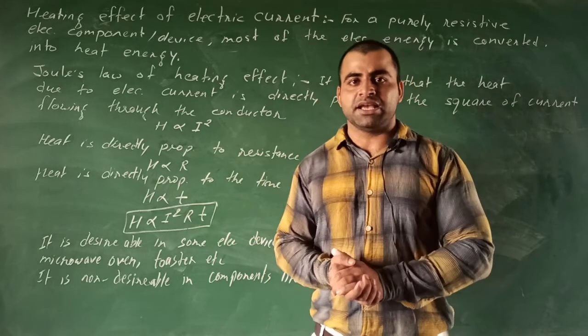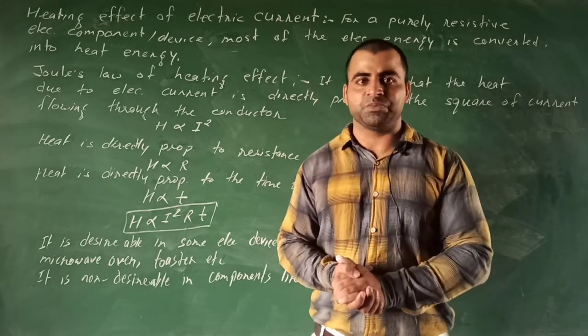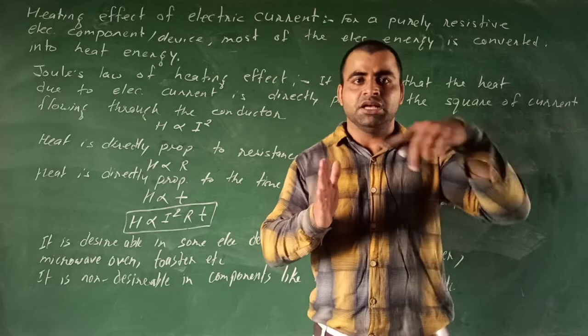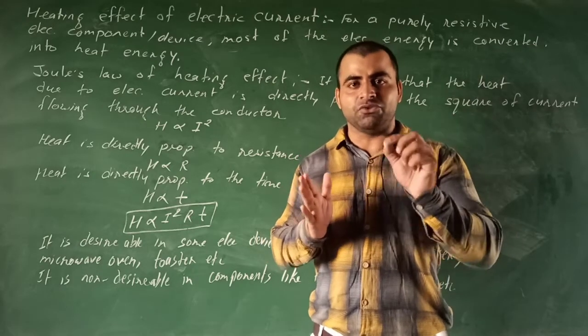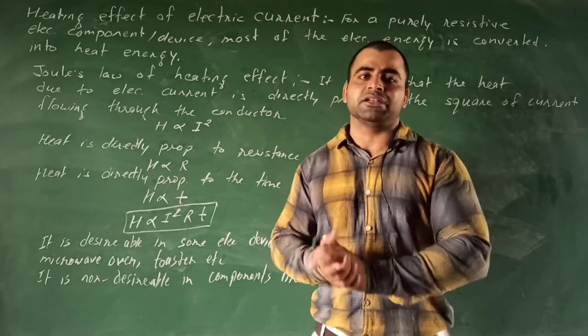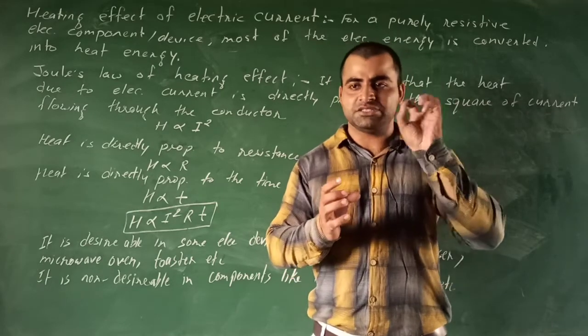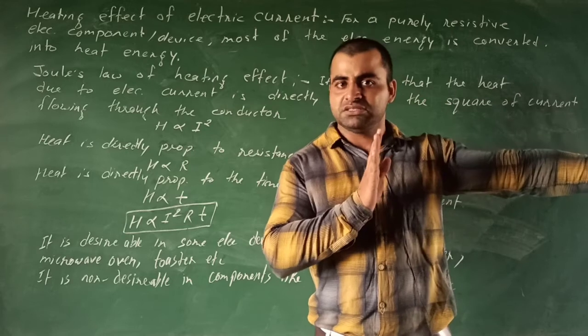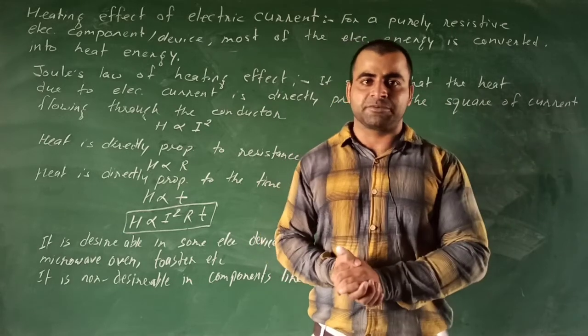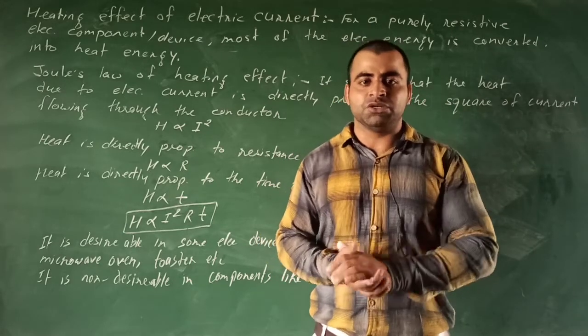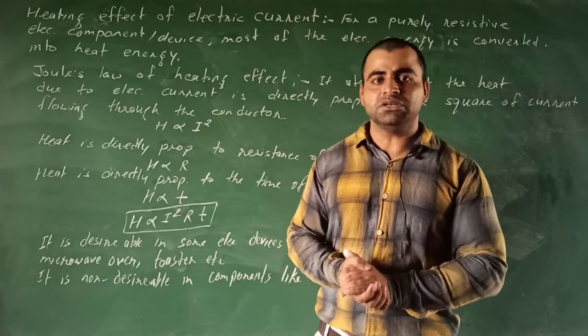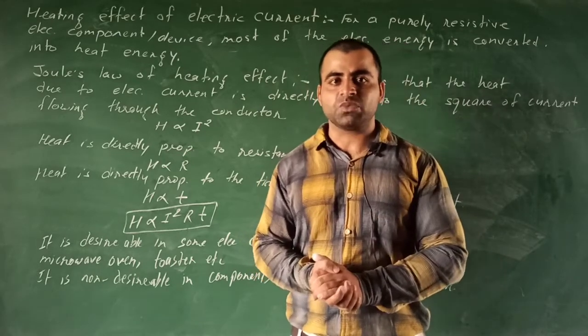And the value of current will be different for different components in parallel combination. While in series combination, if one device stops working, all the devices will stop working. Means the circuit will be broken due to damage of one device.